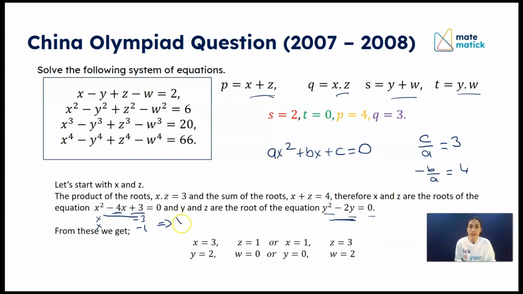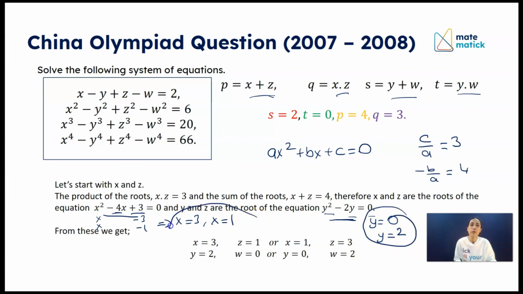So from here, I can say that x is either 3 or x is 1. And then same thing here. From here, this is so clear to see. We can say that y is either equal to 0 or y is equal to 2.